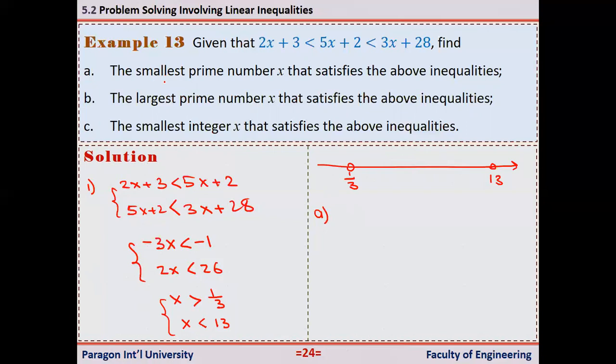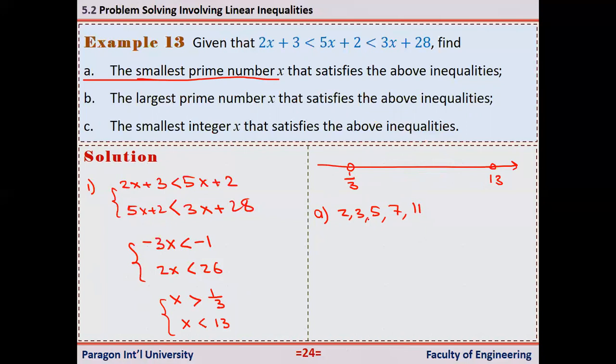It says the smallest prime number, right? And what prime numbers do we have here? Actually, on this interval, what are those prime numbers? That is 2, 3, 5, 7, 11, right?